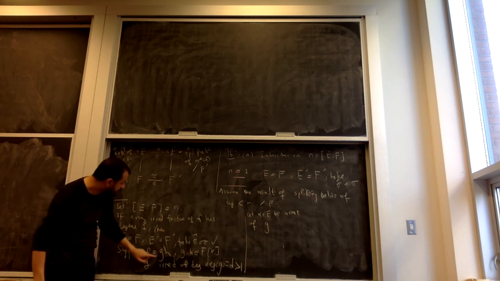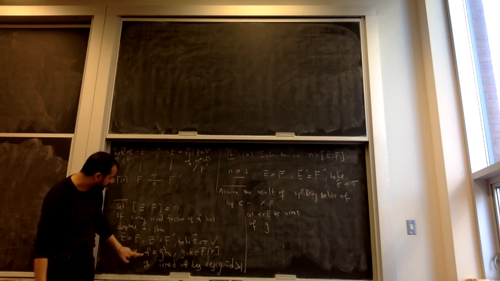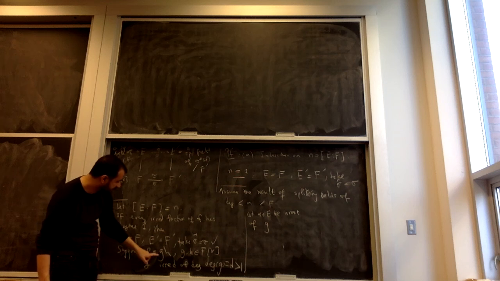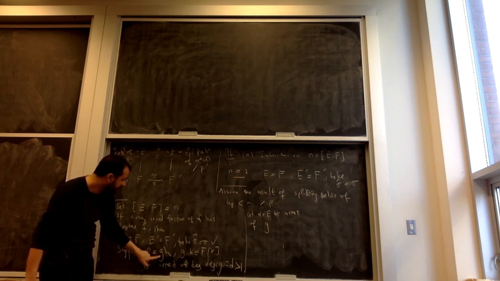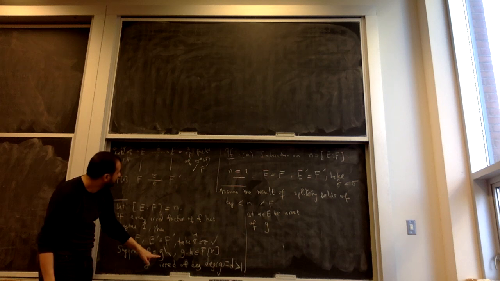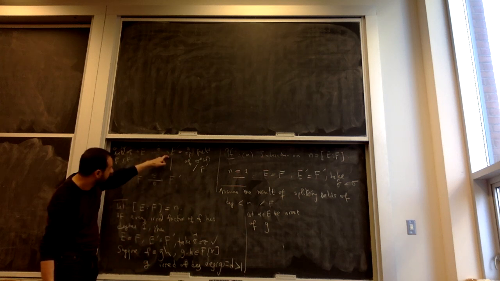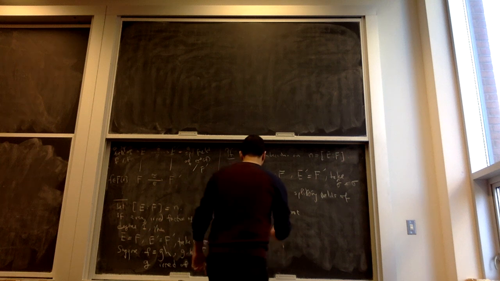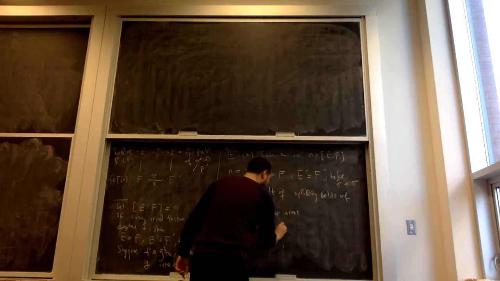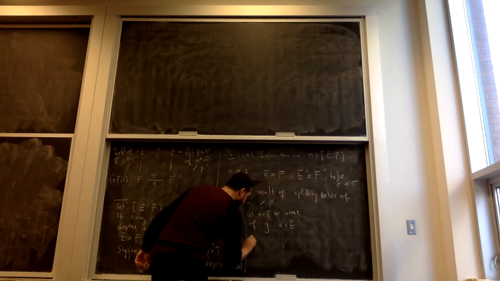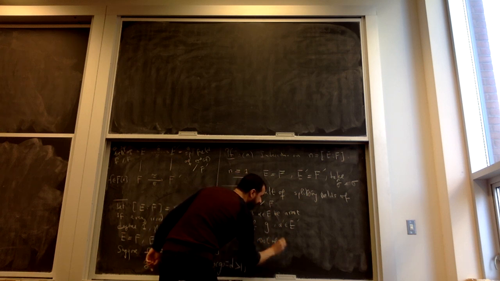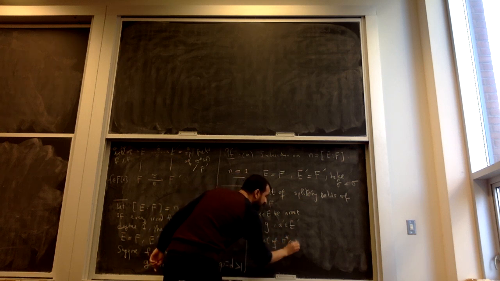Sigma star is a ring homomorphism. Sigma star f factors as sigma star g times sigma star h. Sigma star g is irreducible because sigma is an isomorphism, so is sigma star. Sigma star g is irreducible, degree bigger than 1, and it splits in E prime. So let alpha prime in E prime be a root of sigma star g.